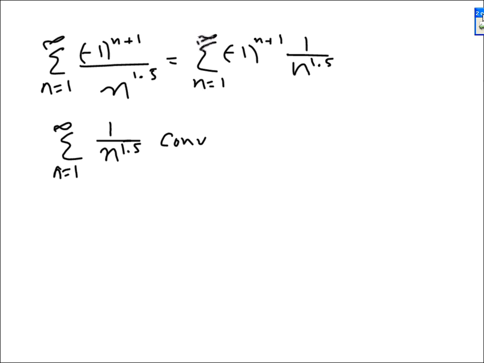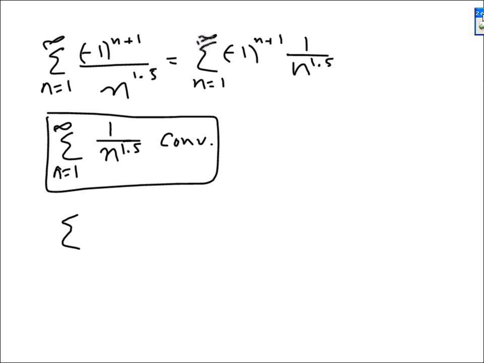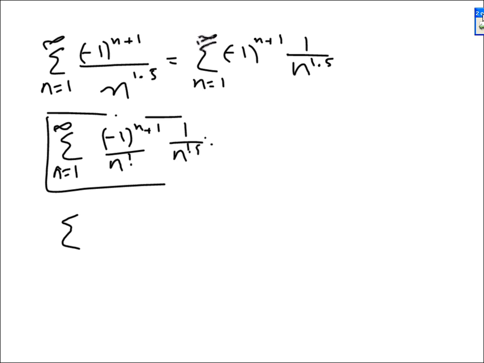It's best to find out which one converges and which one does not. Now, what I really did, and let me be very clear about this, was take the negative 1 to the n plus 1 times 1 over n to the 1.5.